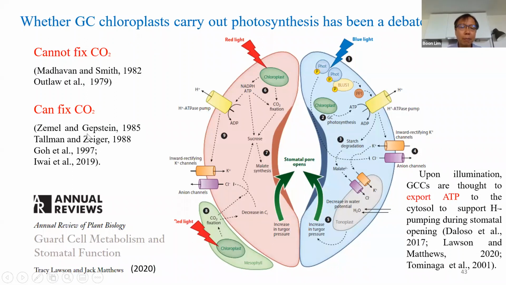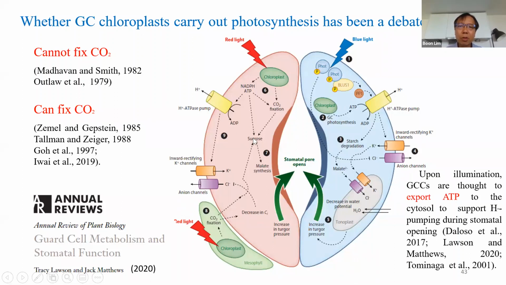But later, a paper reported that guard cell chloroplasts can fix CO2. And in this paper published in the Annual Review of Plant Biology in 2020, it showed this diagram.